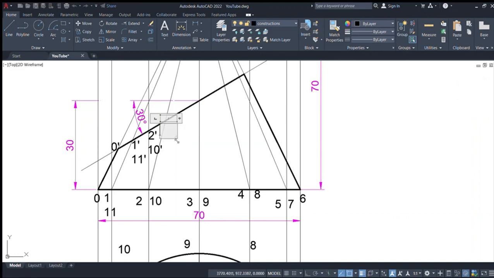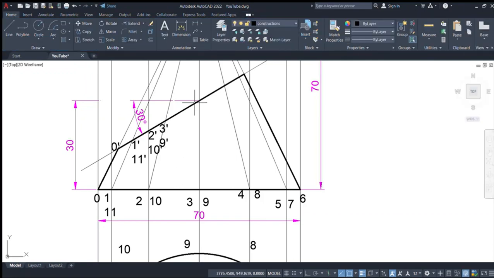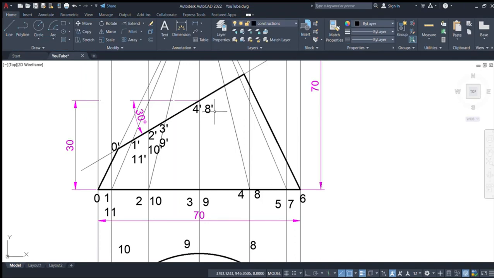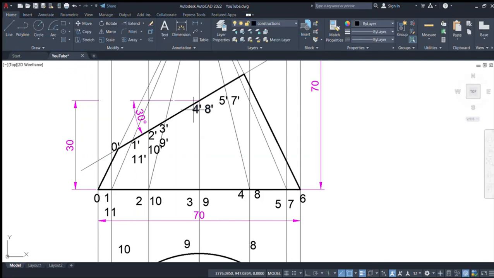Next one is this. So you give them numbers. Sorry, this one here, I think I've made a mistake.